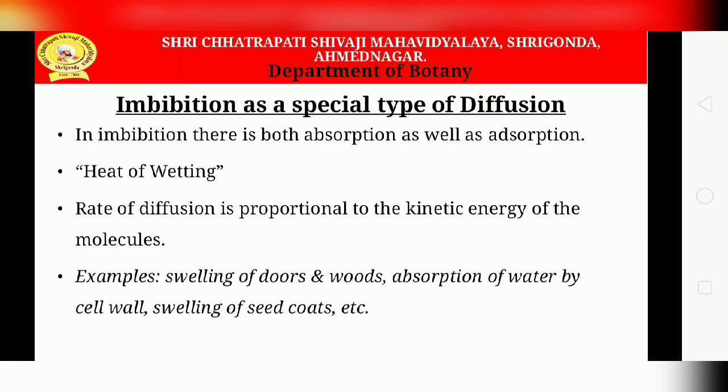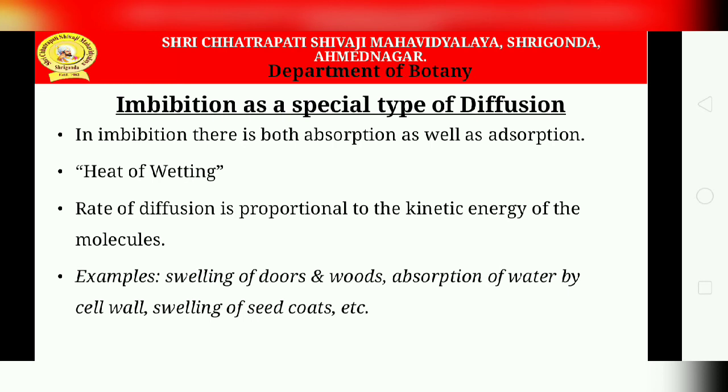Next part: imbibition as a special type of diffusion. In imbibition there is both absorption as well as adsorption. The water enters the cell, thereby increasing the volume; this is absorption.